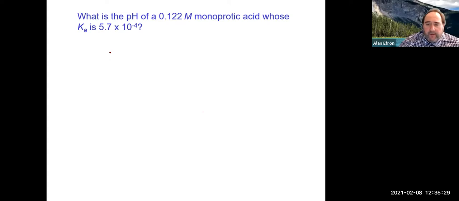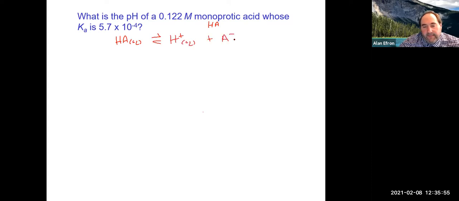So we have 0.122 molar monoprotic acid. Again, they really didn't give you a formula or which acid specifically you're talking about. So here HA could be used as a generic formula for an acid, and monoprotic again means it has one H. So we could set up our reaction here.